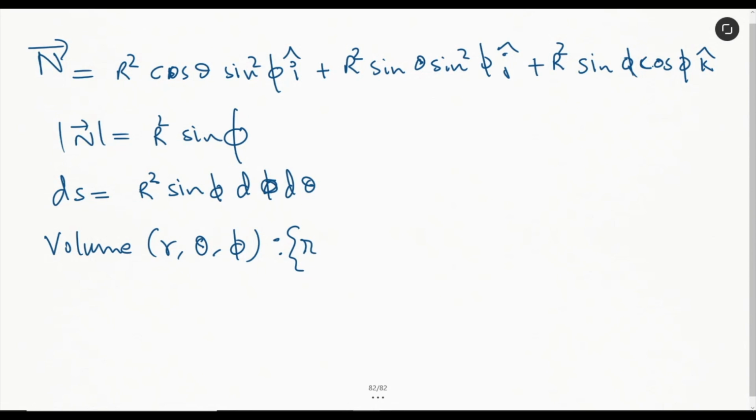So I'm writing small r sine phi cos theta, small r sine phi sine theta, and r cos phi.